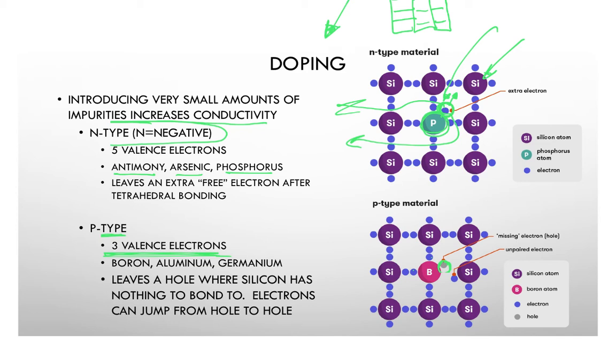Electrons can jump into that hole, and jump to a different hole, and jump to a different hole. By doing that, that makes a method by which the electrons can move more simply through the material. This is called P-type for positive because these have fewer electrons, so they are more positive. So P-type are to the left, N-type are to the right.